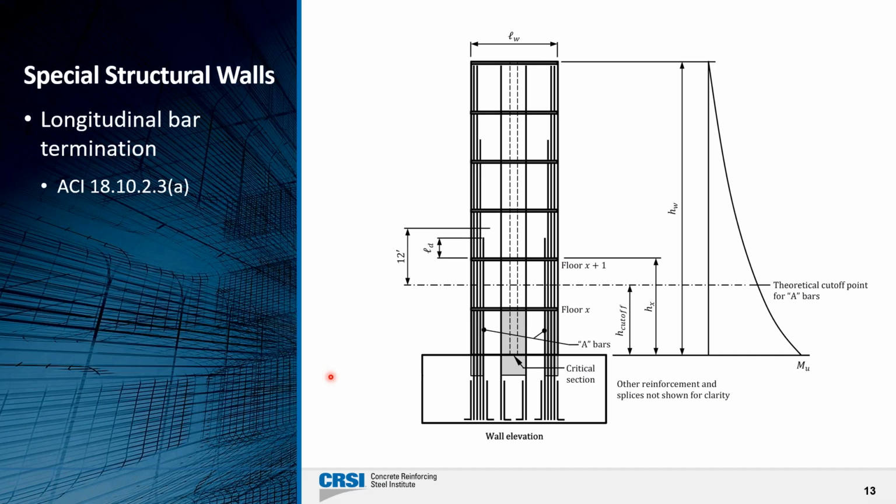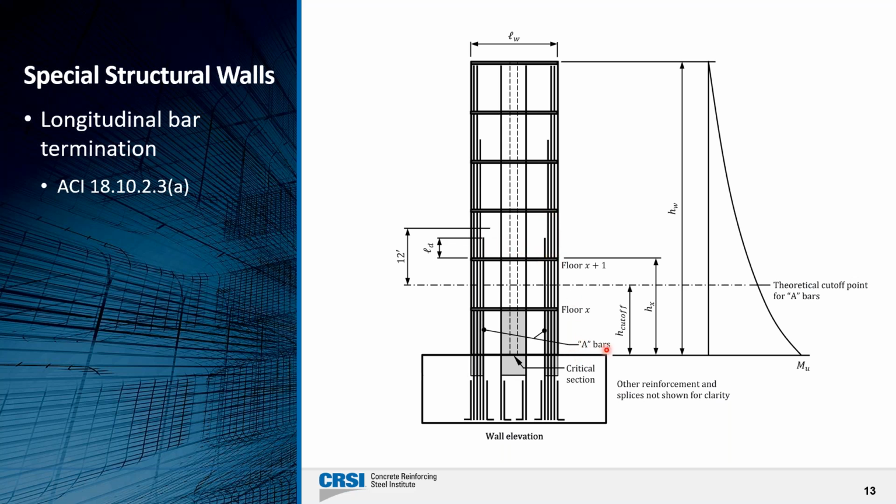So let's go through some of the major changes that occurred for special structural walls. These are all given in section 18.10 in the ACI code. We're going to start with longitudinal bar termination. So we have this structural wall supported by this foundation. Again, it's basically a cantilever wall, and we'd like to cut some of the longitudinal bars off where we don't need them anymore.